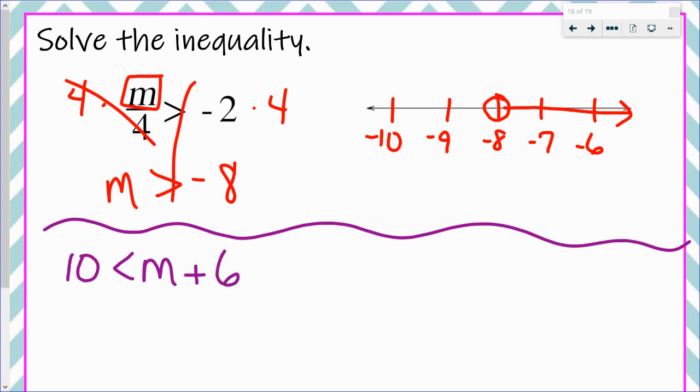So let's say I have an inequality like this. First off, there's no multiplication or division going on, so I don't have to worry about flipping the sign. The point of showing you this inequality is that your variable is on the right-hand side. My biggest advice would be to just solve it first. So I'm just going to solve it.